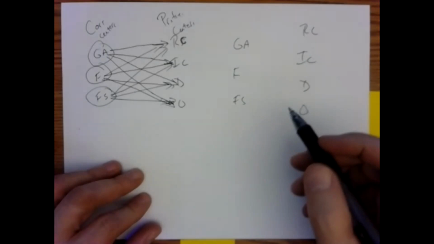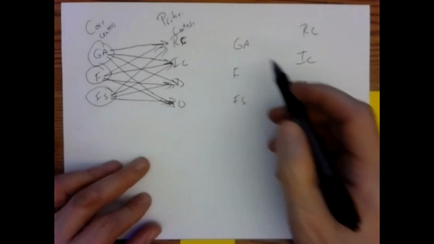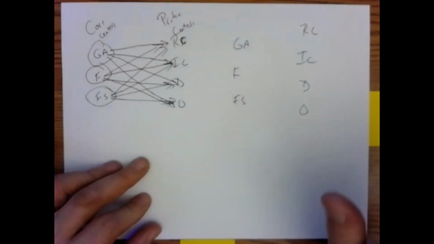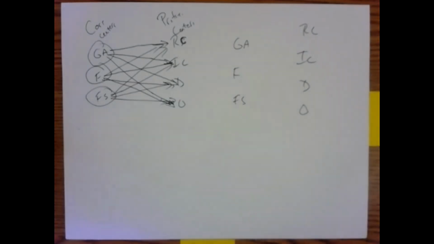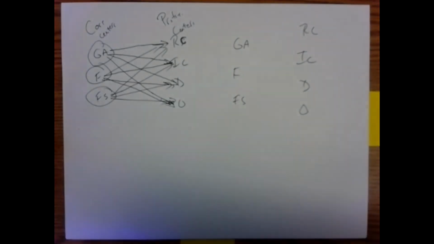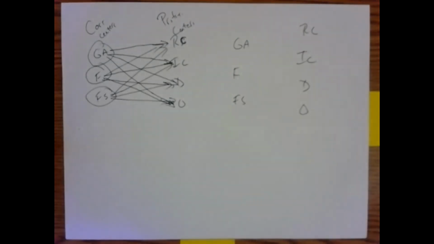So when we go to allocate general administration, we'll calculate its cost pool, just like always. We'll calculate the cost driver. So the cost driver is going to be salary dollars like it was in 6.4.